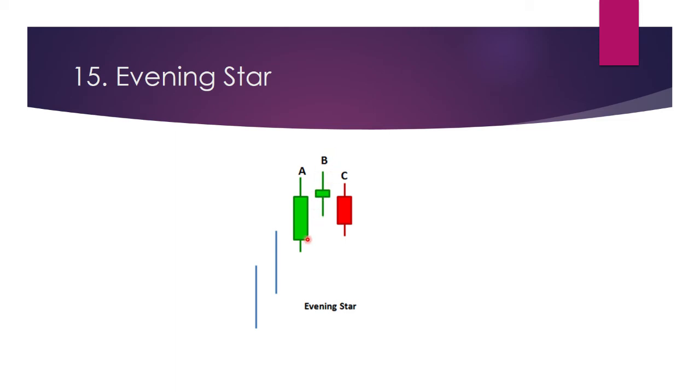It does not have to be green, but it has to set up in this order right here, okay? Meaning that the sun's going to go down. That means that the bears are in control. So it's just the opposite of the morning star, y'all.